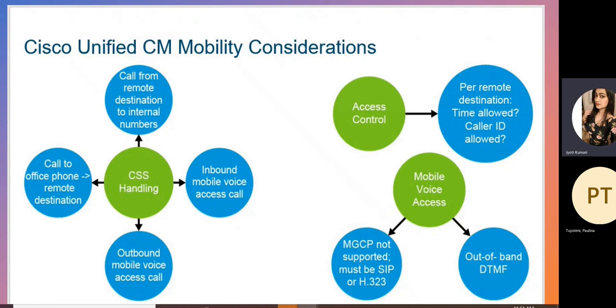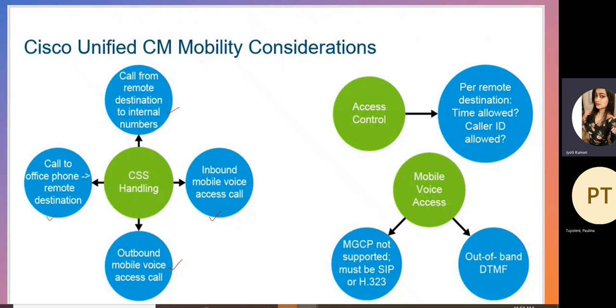So in unified mobility, there are some considerations for CSS, access control, and mobile voice access, so that we will see. For CSS handling, calls from remote destination to internal numbers can be done. Calls from the office phone to remote destinations, inbound voice access calls, and outbound voice access calls that we saw in the different examples can be done, and we can configure specific CSS for those.